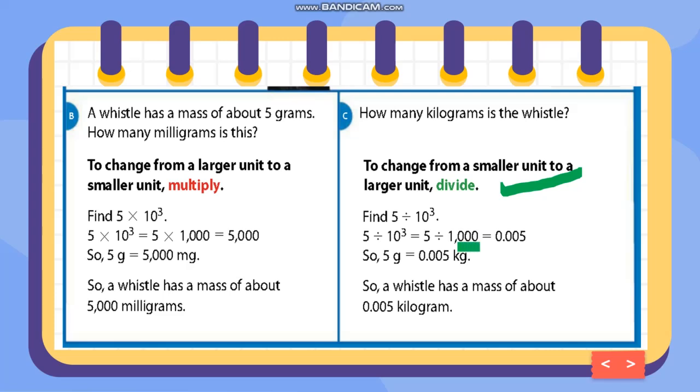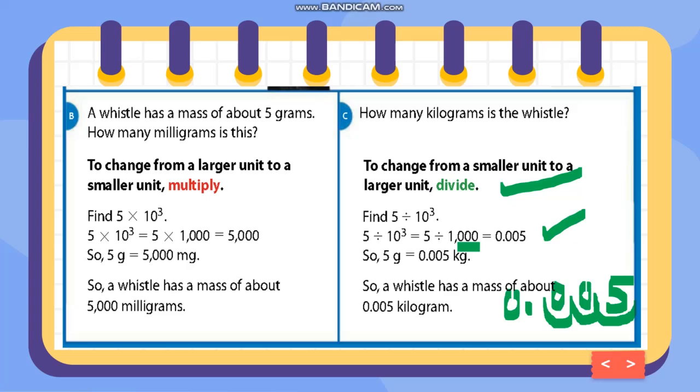We have 3 zeros here. And if the given has no decimal, start at the end. So if this is 5, I will start at the end, then move 3 movements going to the left because you have 3 zeros. 1, 2, and 3. So my decimal now is here. So I need to add 0, 0, and 0. That's why the answer is 0.005 or 5 thousandths kilogram.